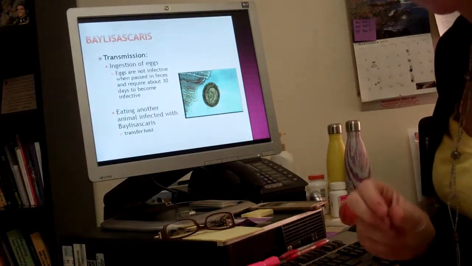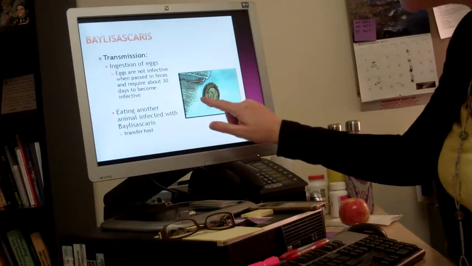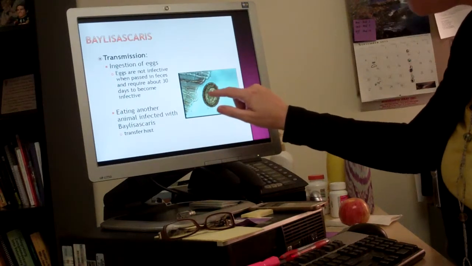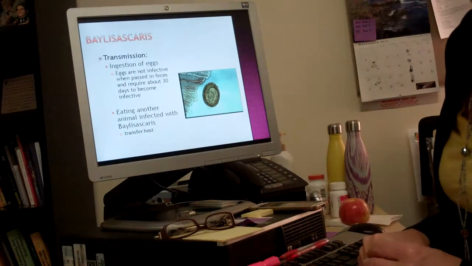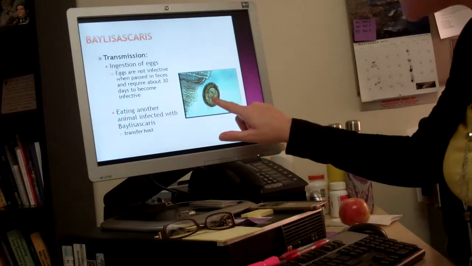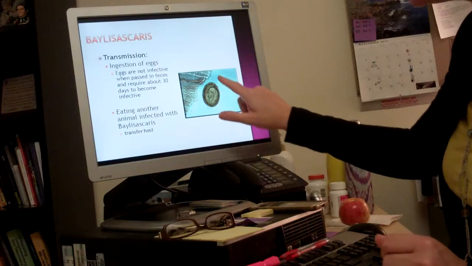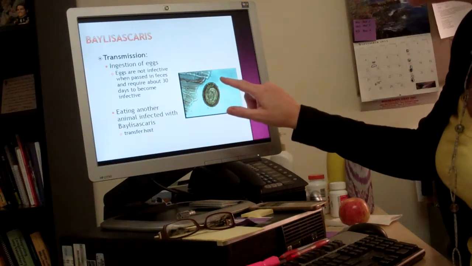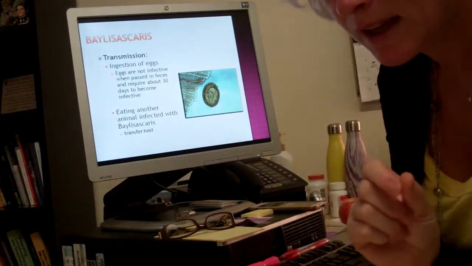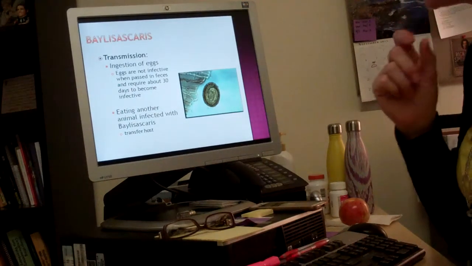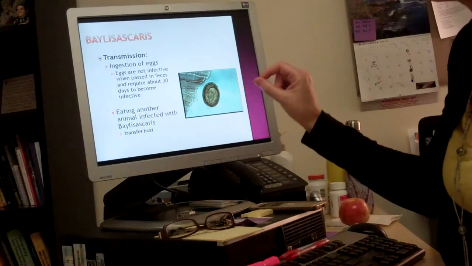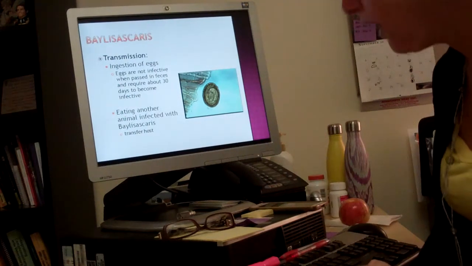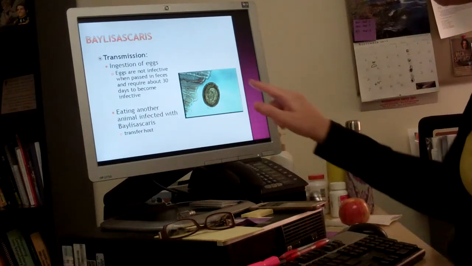I'll tell you something else. This infective stage, see how the larva is just coiled up inside that nice warm outer blanket, that outer membrane? This infective stage, which again took 30 days to get to this point, just in Baylisascaris, not in any other roundworm species, can only be killed by fire. Ooh, that's very dangerous.